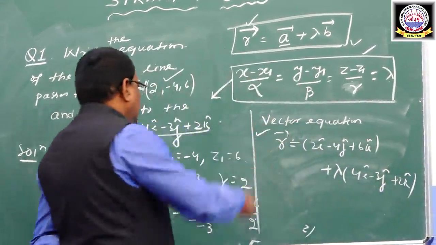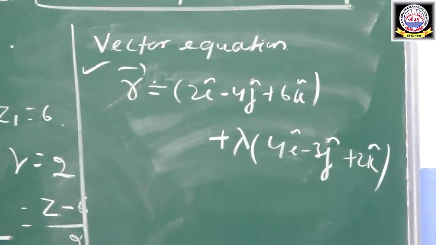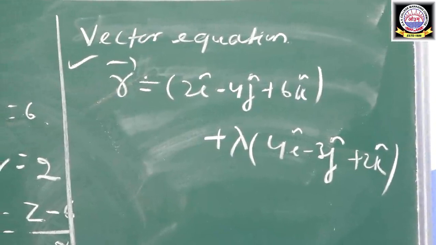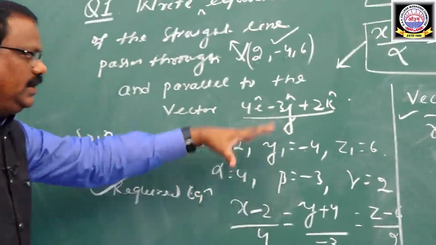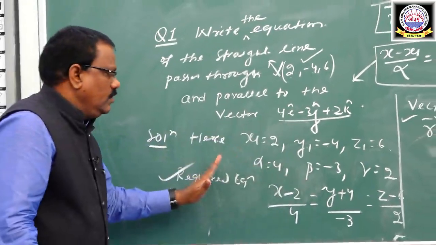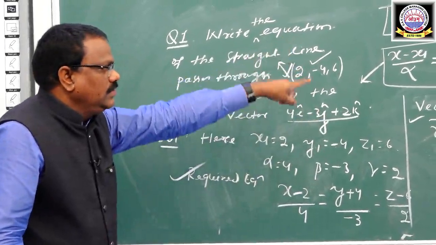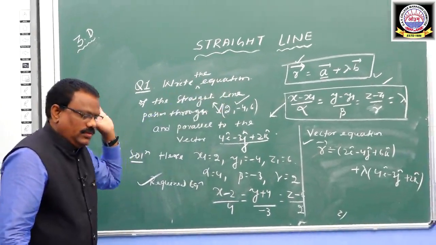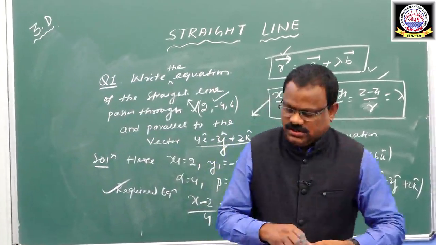This is the vector equation and that is the Cartesian equation. So if a point is given and the line is parallel to a vector, we can find the equation of the straight line, one in Cartesian form and another in vector form. This is the first question we have discussed.